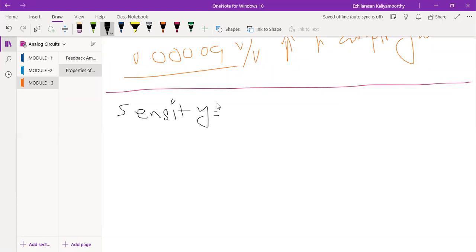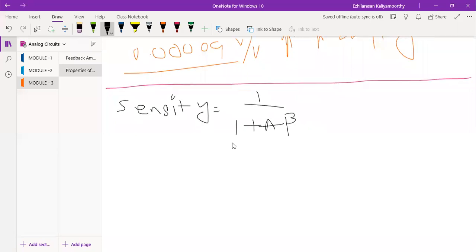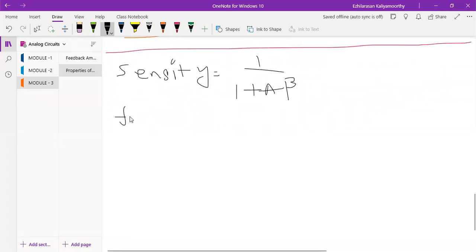The sensitivity we can denote as 1 divided by A into beta. This is sensitivity. Now for negative feedback, the magnitude of 1 plus A beta.